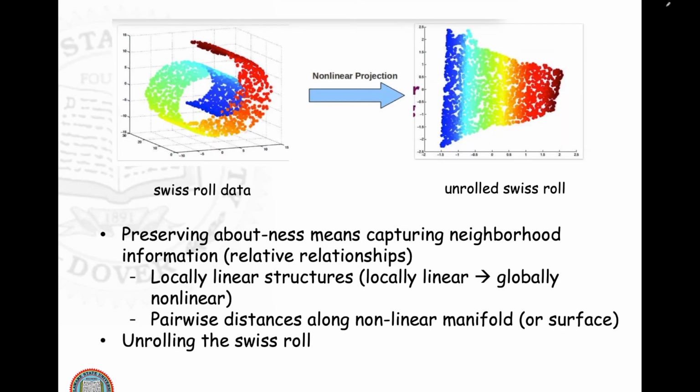So this idea then of preserving aboutness for nonlinear data problems, it means capturing the neighborhood information. Because what makes a Swiss roll in a nonlinear fashion are the relative relationships between points and their closest points next to them, their neighbors. And so essentially what it assumes is you have locally linear structures.